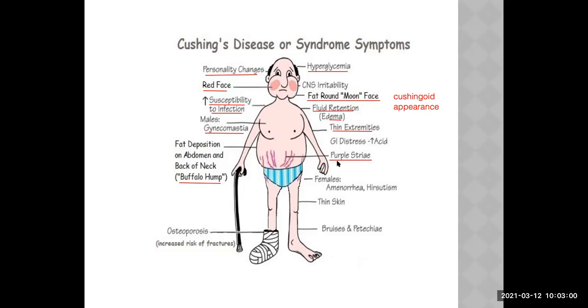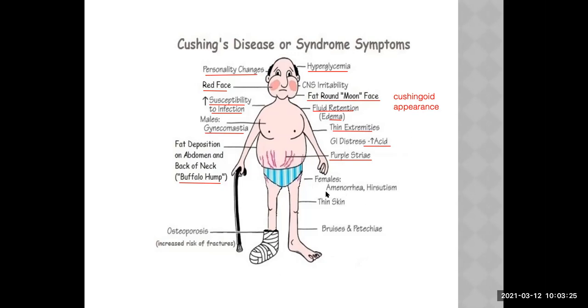This is known as striae gravidarum in case of pregnancy, but in Cushing syndrome a similar situation occurs. Cushing syndrome is one of the important causes of hyperacidity because the glucocorticoid has a stimulatory effect on hydrochloric acid secretion.